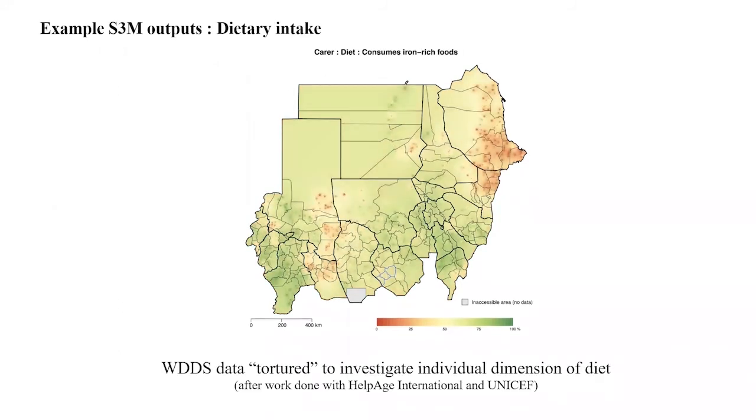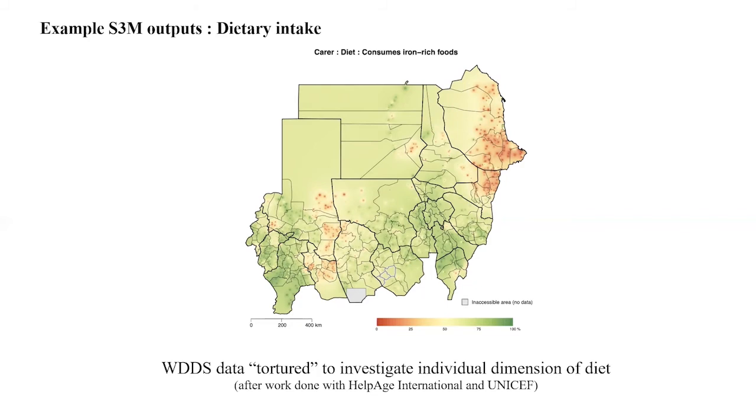Next slide. Here we're looking at dietary intake, and this is consumption of iron-rich foods, again in carers of small children. Here we're using the Women's Dietary Diversity Score data set, and in that data set the food groups were organised in terms of micronutrient content, some of them in terms of iron-rich foods.